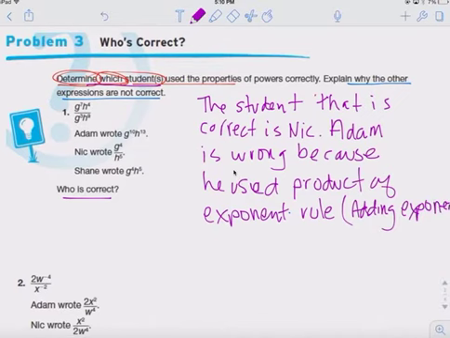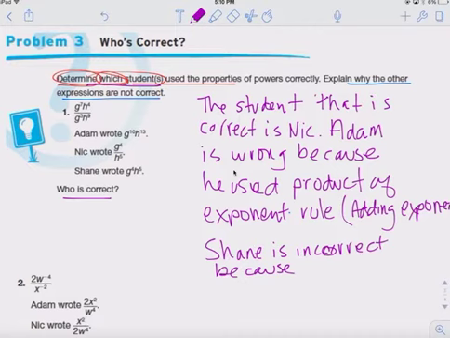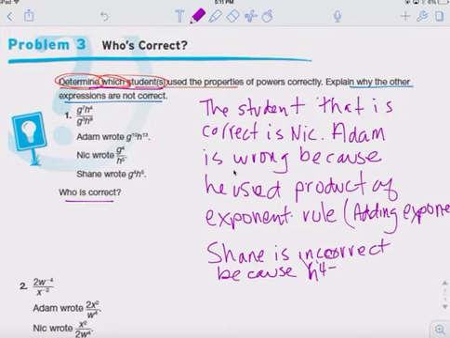Okay. Shane is incorrect because he forgot the negative, because h to the fourth minus 9 is not h to the fifth.